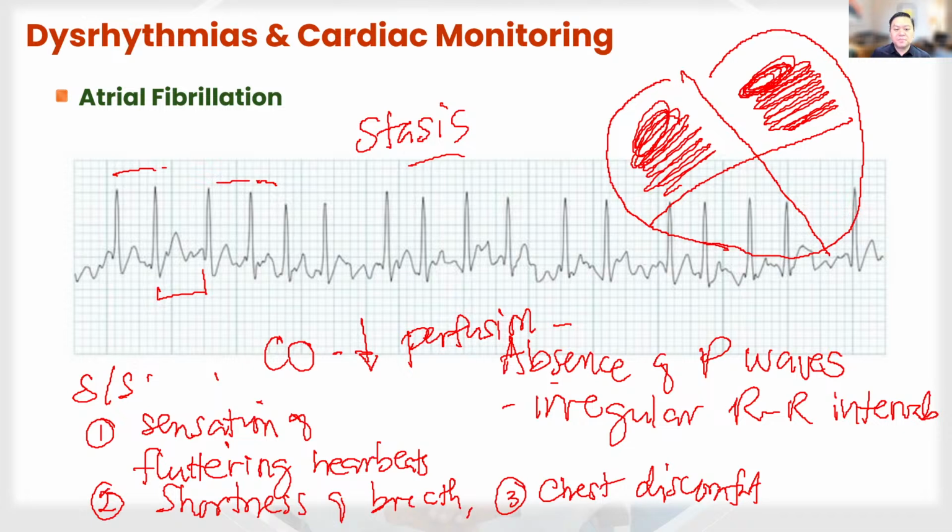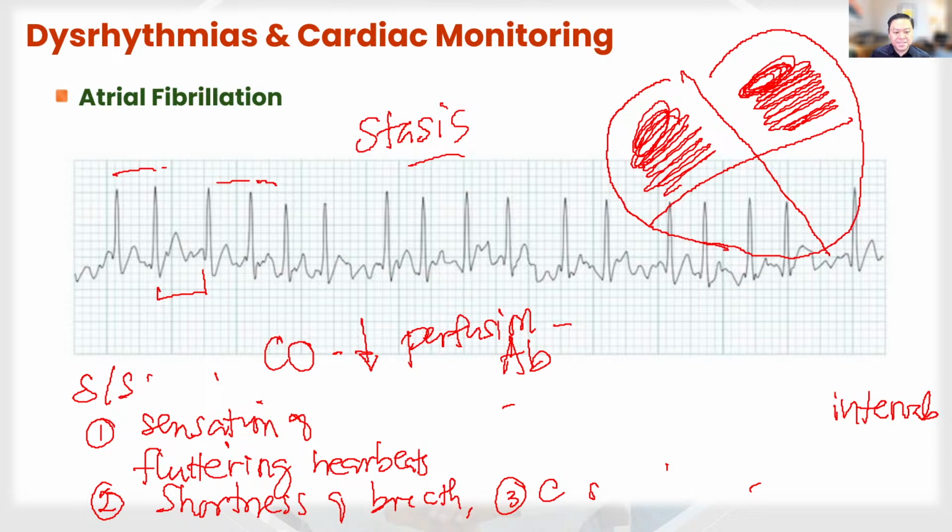Now, what are we going to do here? Again, we're going to have to manage the irregular rhythm, which includes the administration of antiarrhythmic drugs. Since there is stasis of blood in the upper chambers, we're going to need some form of anticoagulation.